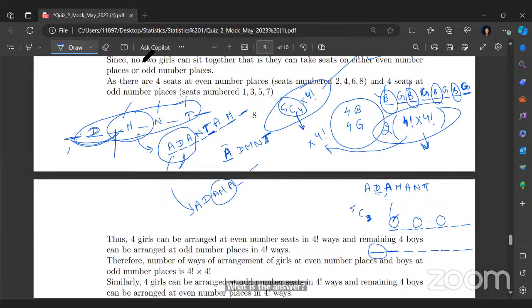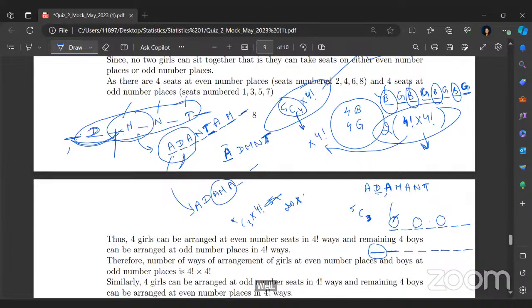Yes, this is the answer, right? 5 times 4 is 20, times 24, 120. What will this give? 5 choose 3. 5 into 4 is 20, into 4 factorial.